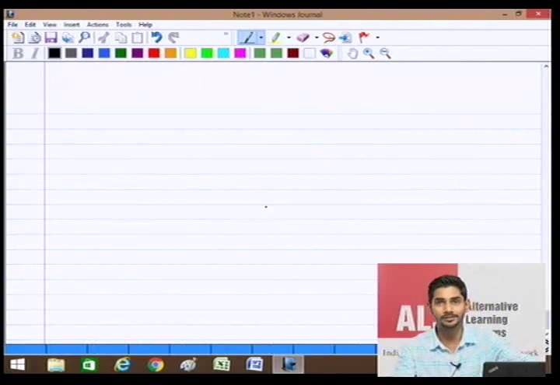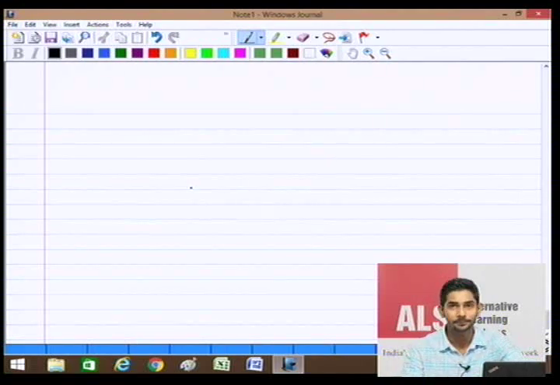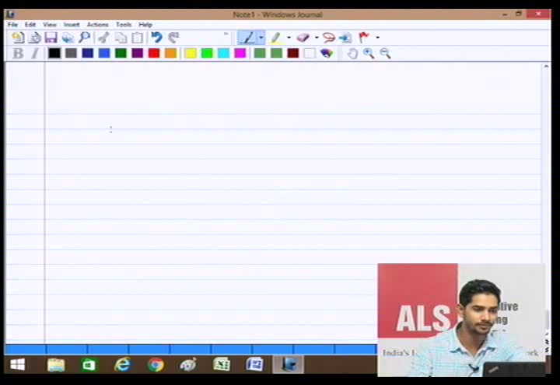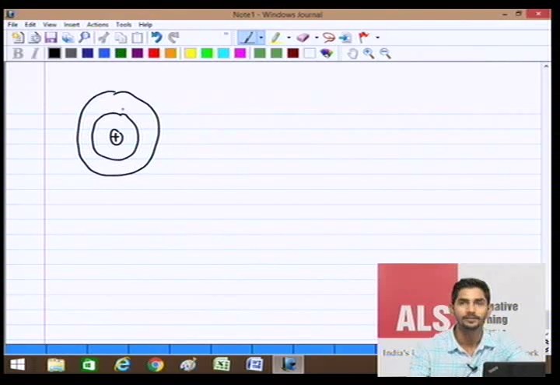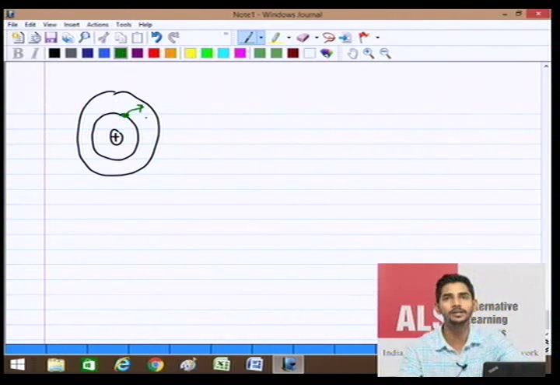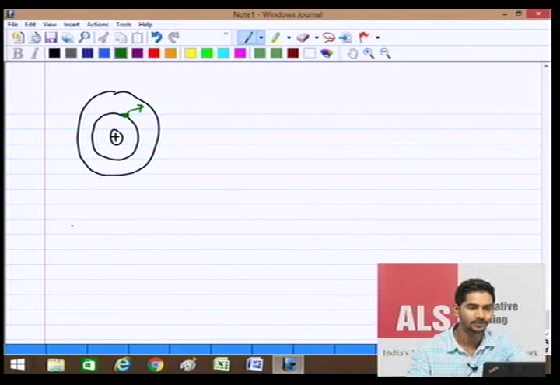Okay, so guys, let's discuss when energy will be emitted or absorbed. See, the electron is present here, which is the lower energy state. If the electron goes from a lower energy state to a higher energy state, then energy will always be absorbed. This is your case of absorption.